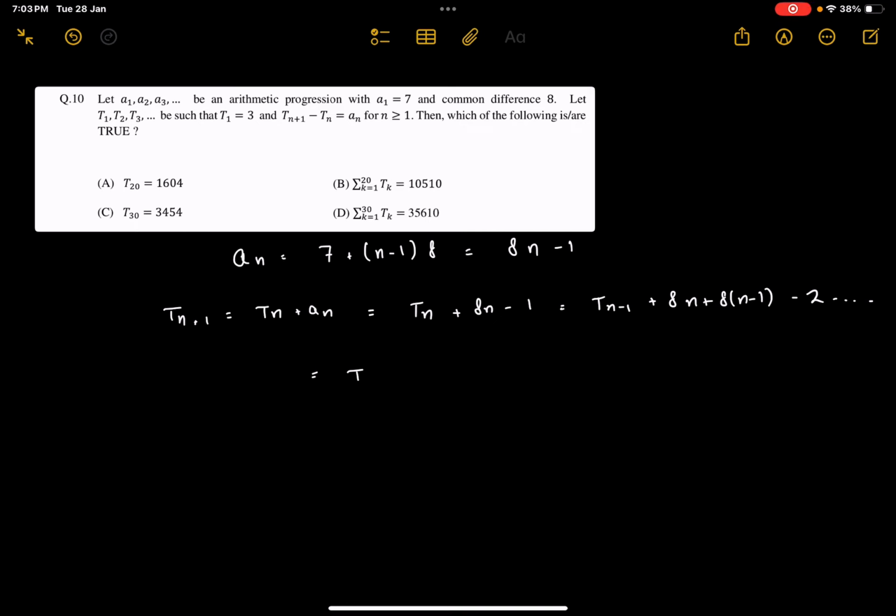So unrolling this, we'll get tn plus 1 minus tn equals a summation. Now this will go on till we have n equals 2.